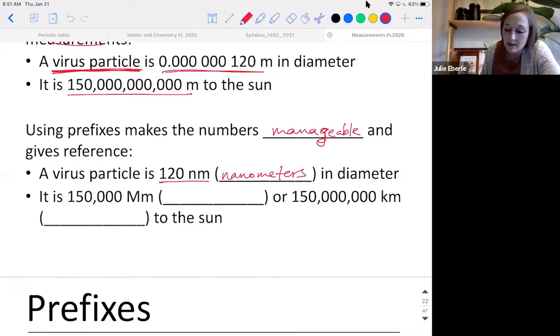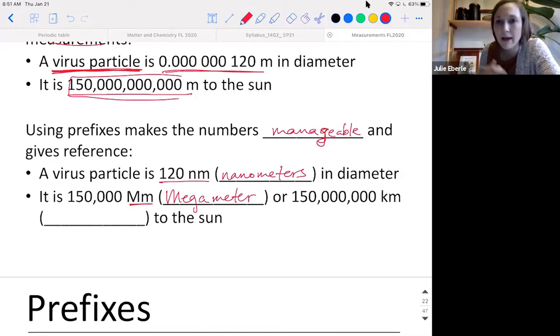If we want to take this number of meters to the sun and make it more manageable, you could say it's 150,000 capital M. We put a prefix with meter, and now we have a megameter. A megameter is bigger than a meter, so it's only 150,000 megameters to the sun instead of this large number of meters that we had earlier.